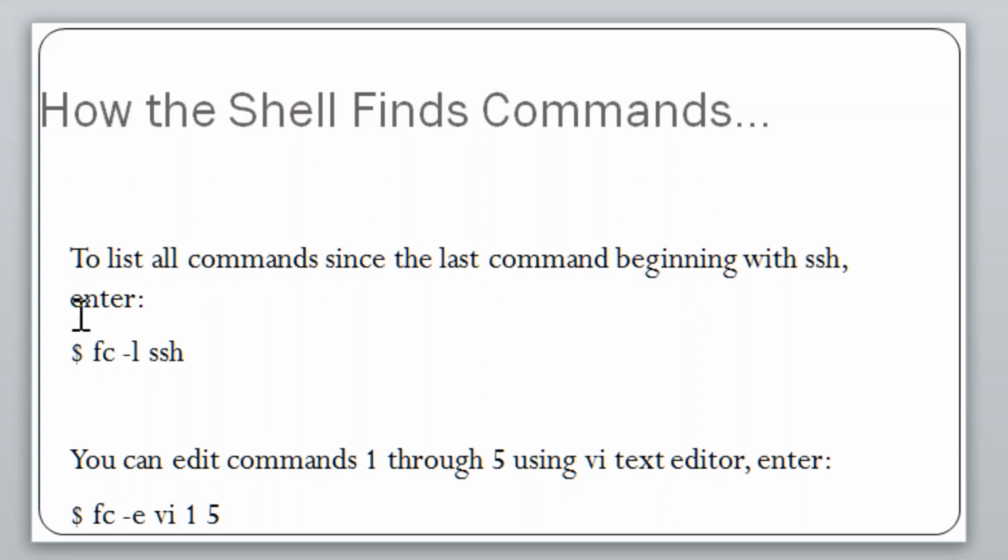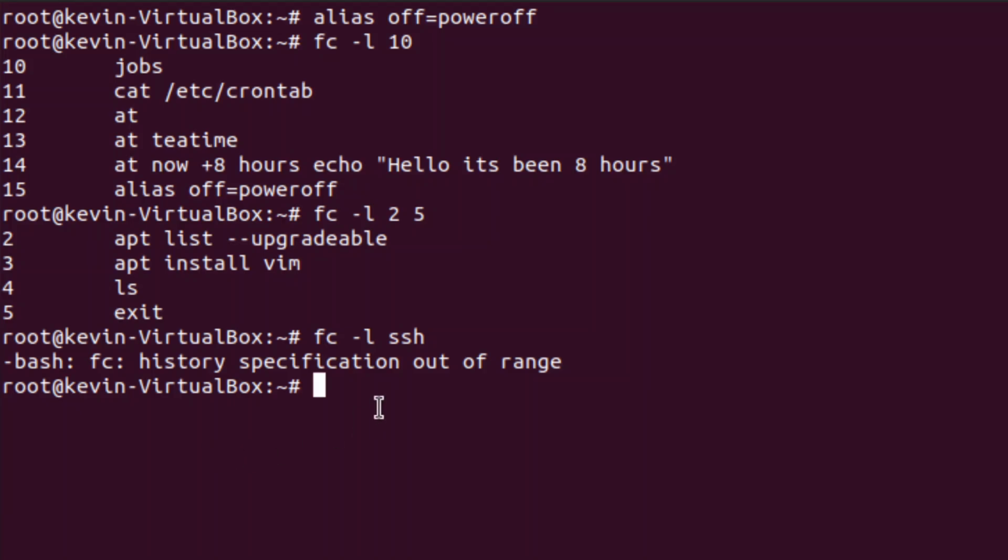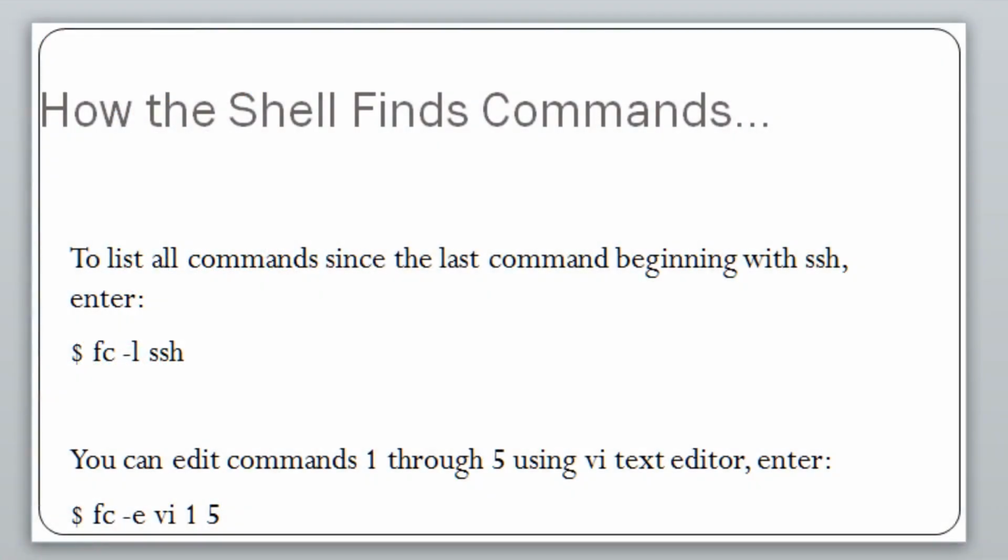You can also list by a certain phrase, such as SSH, which is going to list all commands since the last command beginning with SSH. I haven't done any SSH, I don't think, on here, so we probably won't see any for that. And -l stands for list, guys. Yeah, see, I haven't run any commands with SSH, that's why I won't find it.